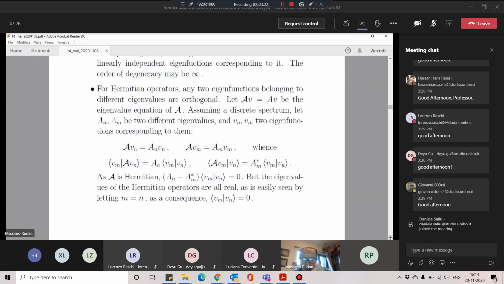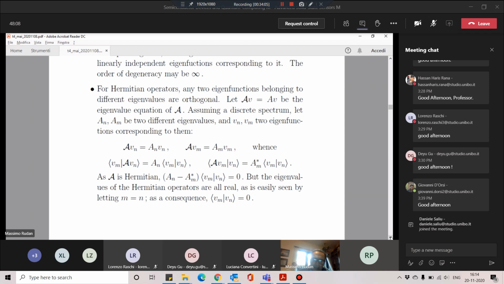We collect the scalar product, and we obtain that An minus Am star times the scalar product Vm times Vn must be zero. Now the point is that with a separate analysis, one can demonstrate that the eigenvalues of the Hermitian operators are real, okay?